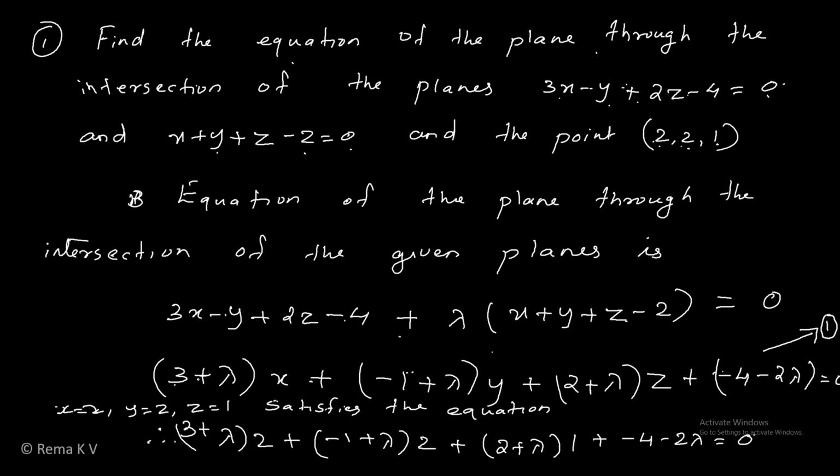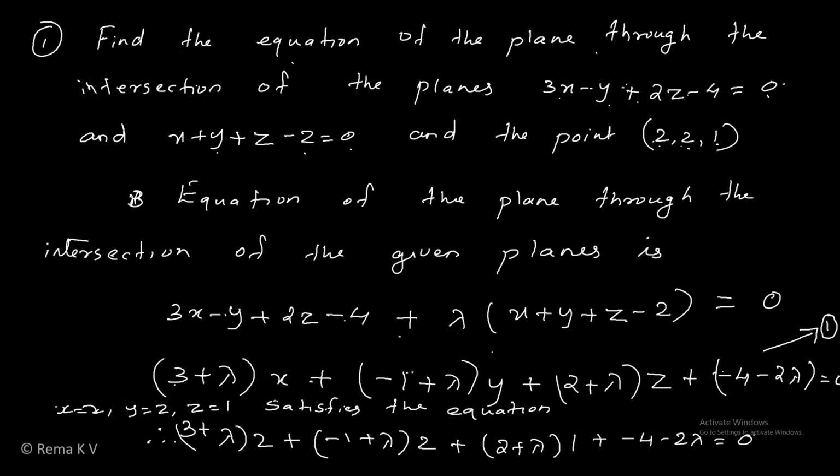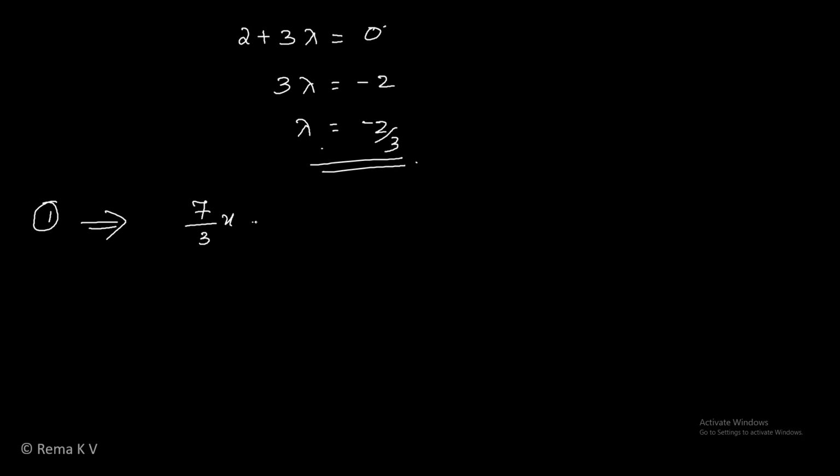So it becomes 3 minus 2 by 3. It becomes 7 by 3x. Then second part is minus 1 minus 2 by 3. Minus 5 by 3y.